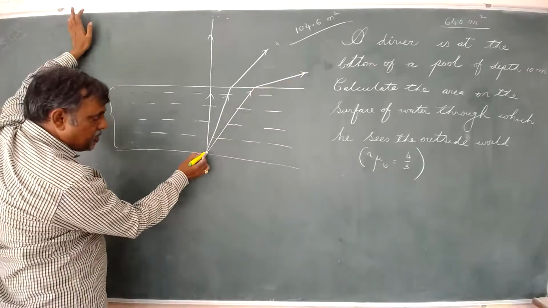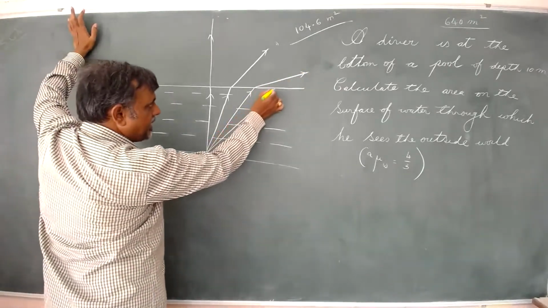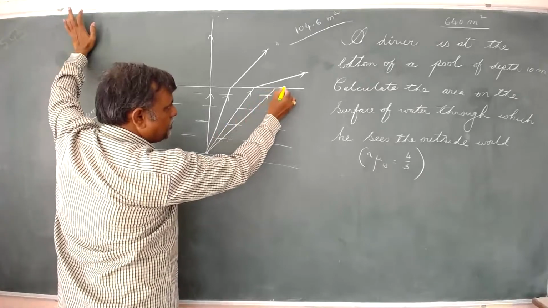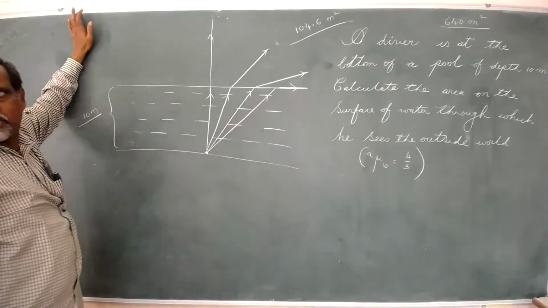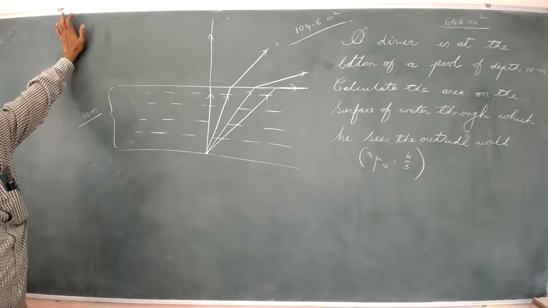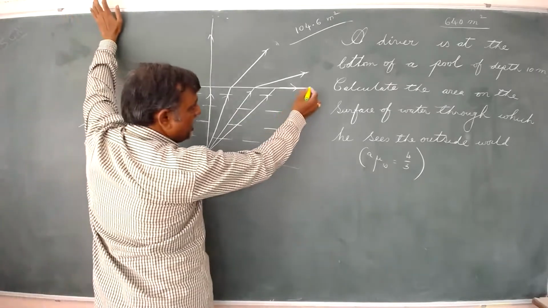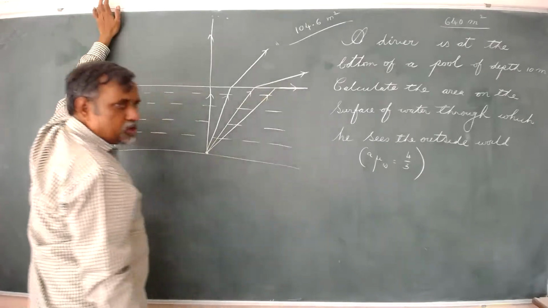As you keep increasing the angle of incidence, at a particular point the refracted rays will just coincide with the surface. Then the things which are present beyond that will not be visible to the diver.